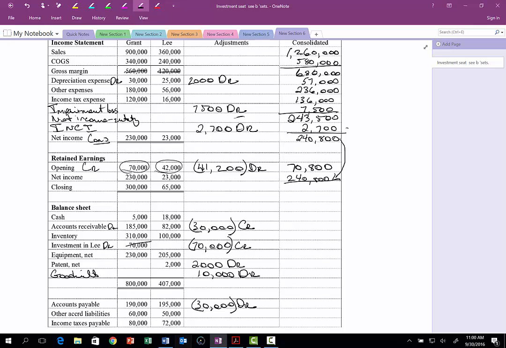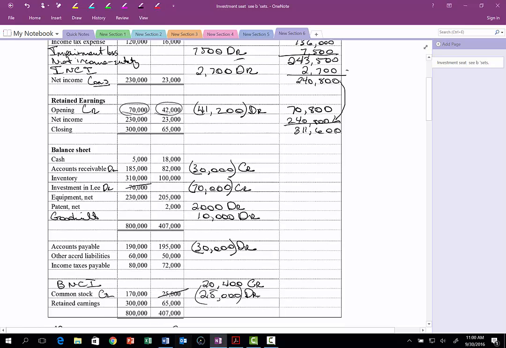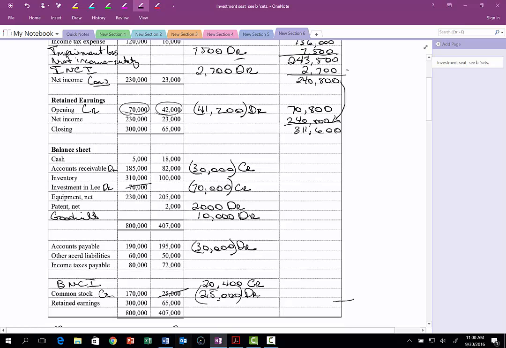That gives us closing retained earnings now of 311,600. Okay? Now, remember this 311,600 needs to come down here. So when we consolidate, we always go in order of income statement. Net income goes into the retained earnings statement. We do the retained earnings. Closing retained earnings goes to our balance sheet, just like we would normally do financial statements.